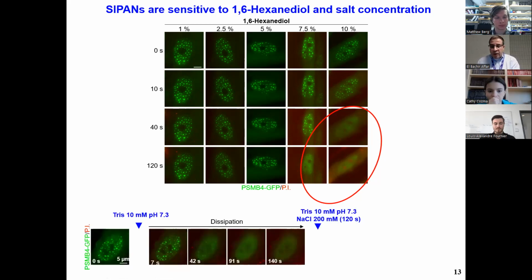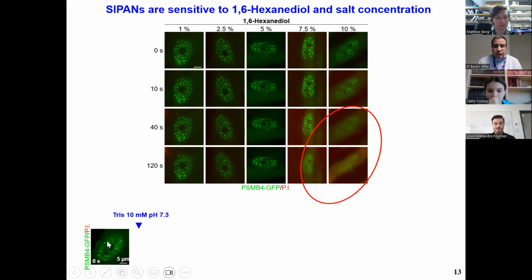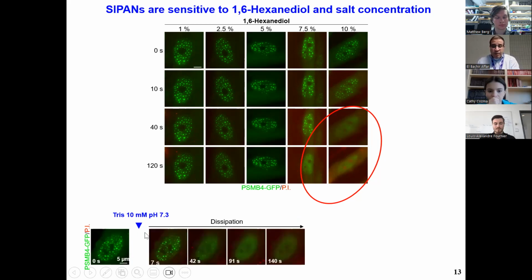And we can do another assay by taking the cells and incubating them in hypotonic buffer, and we can see that these foci nicely dissipate following this treatment. And I have to point out that at this point we don't have any impact on the integrity of the cells.